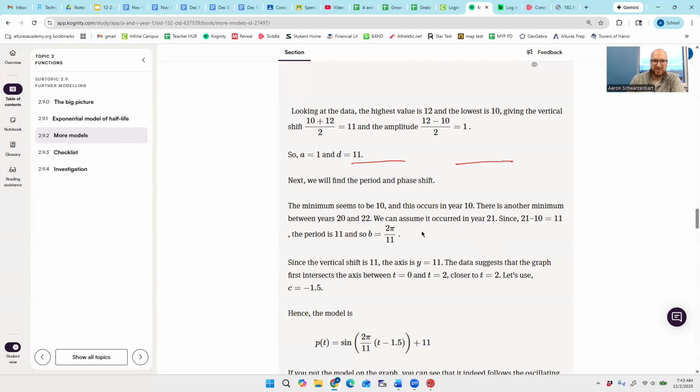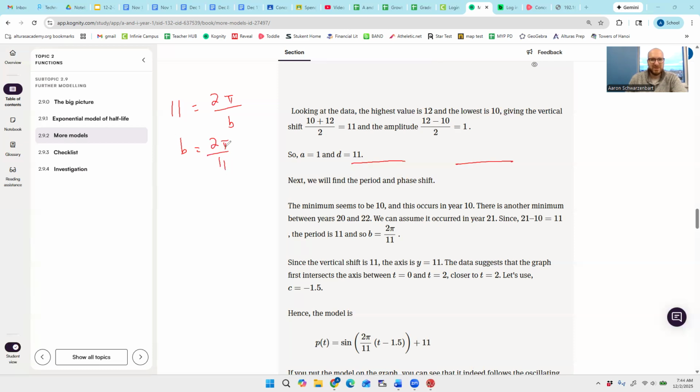2 pi over 11. The period's 11, and the period was 2 pi over b. If you solve that, you get b equals 11 over 2 pi. Now, you multiply both sides by b and then you divide by 11, 2 pi over 11.